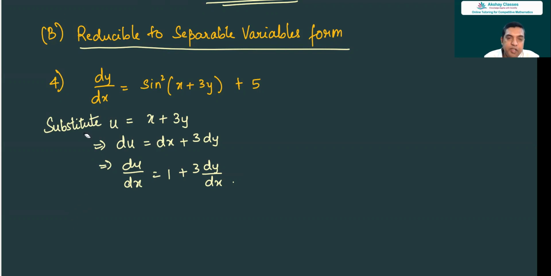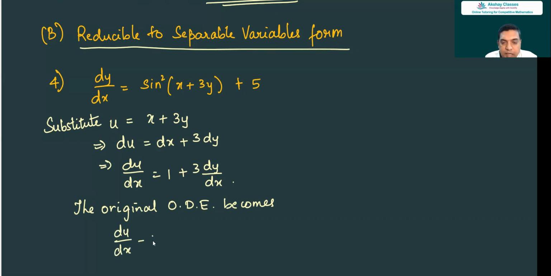Therefore the original equation becomes: dy by dx is du by dx minus 1 times 1 upon 3 is sine square u plus 5.